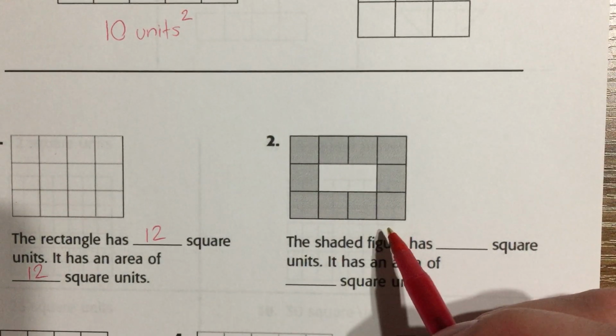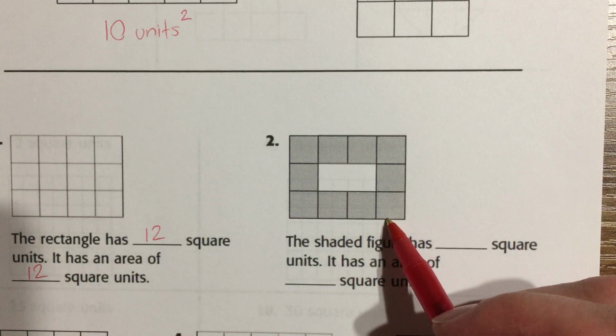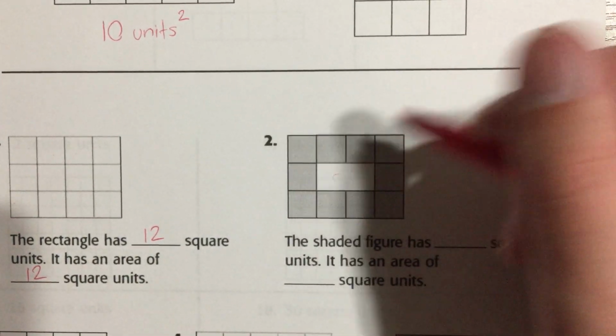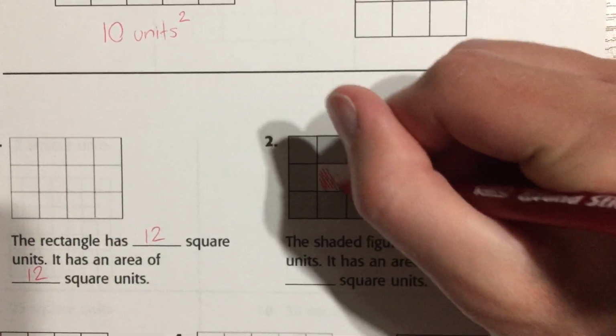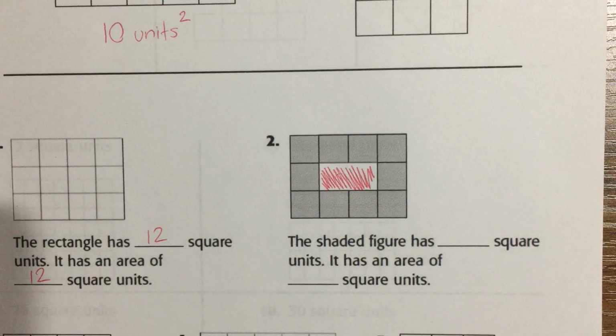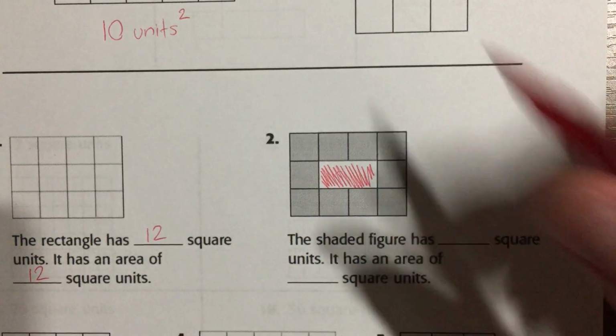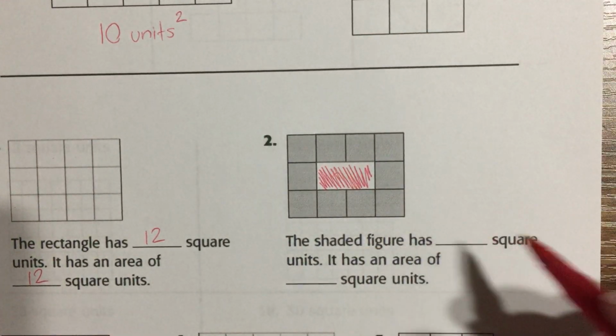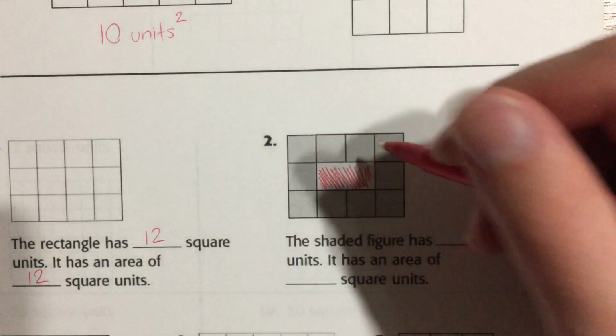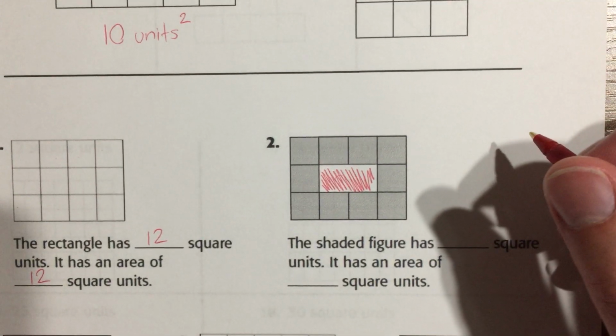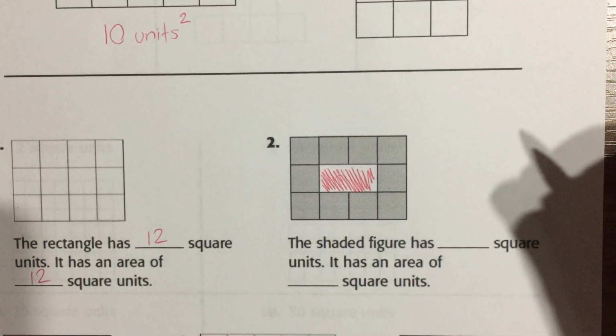Number two, they try to mess us up a little bit here. They take this little piece out of the middle. So none of this even matters. It's kind of like a long stretched out donut if you look at it that way. But we're looking at the shaded figure, the darker piece of this big rectangle. How many squares are shaded in?